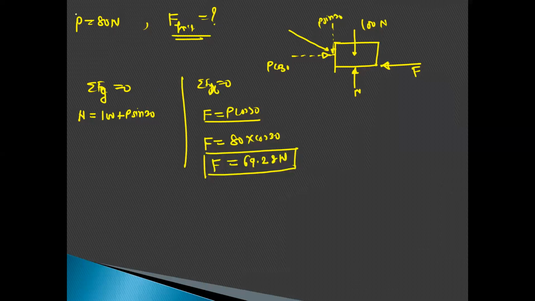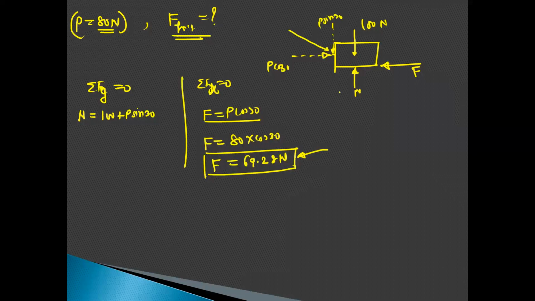That means when we apply force P equal to 80 Newton, and we want the object to be stationary, the surface must offer a frictional force equal to 69.28 Newton.